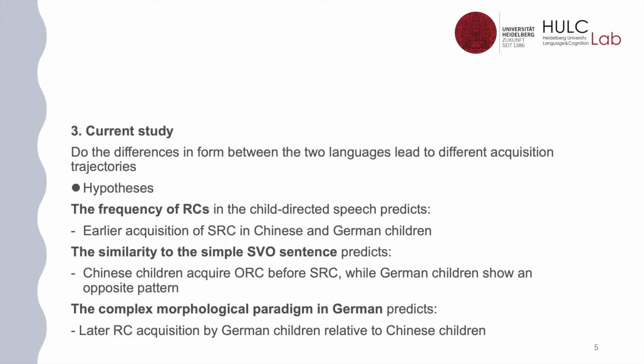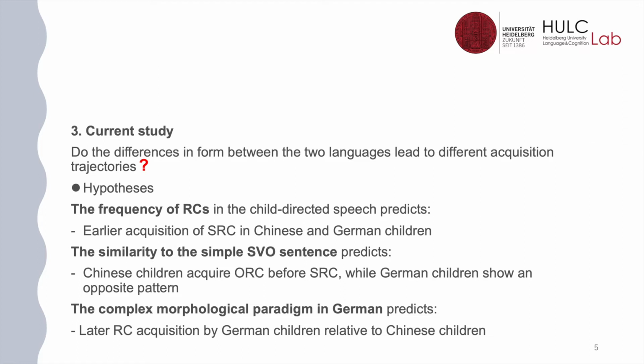Okay, now let's go to the present study. A guiding question of the present study is whether the differences in form between the two languages lead to different acquisition trajectories. Based on the previous studies, we proposed three hypotheses about this question. The frequency of RCs in the child-directed speech predicts early acquisition of SRC in both Chinese and German children.